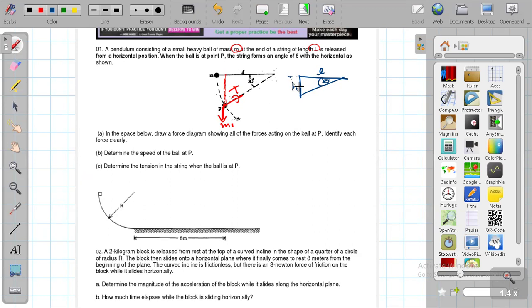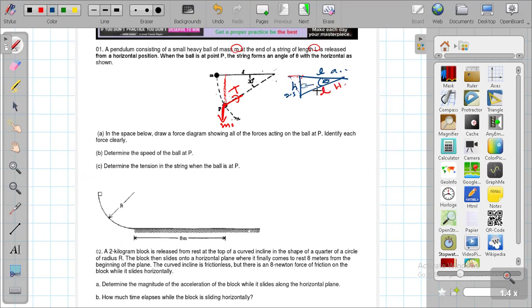Here it is the height h. So what is this side? This side is the opposite side. This is the adjacent side. And this one is the hypotenuse L.